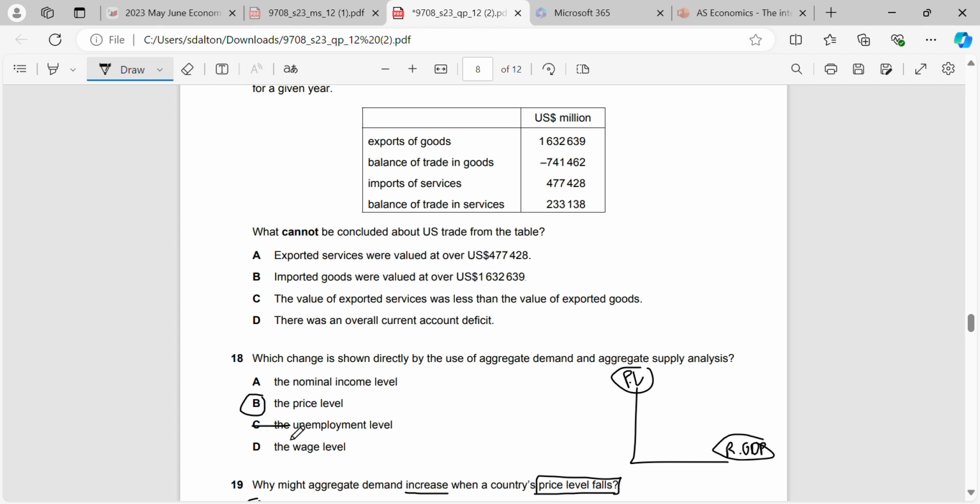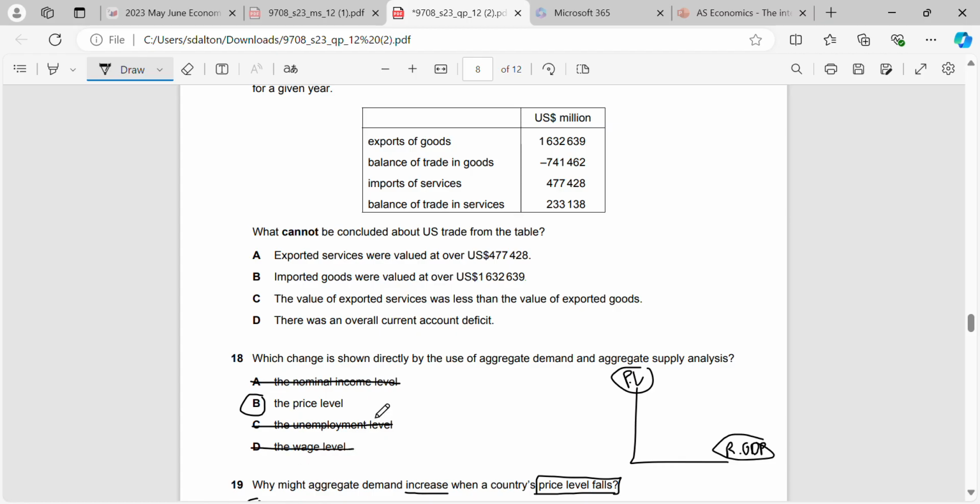The change in the unemployment level is not directly shown through AD and AS. We can see if the unemployment level will go up or down based on our real GDP, but we can't calculate the value of that change just using AD and AS. We also can't calculate the change in the nominal income level or the wage level.